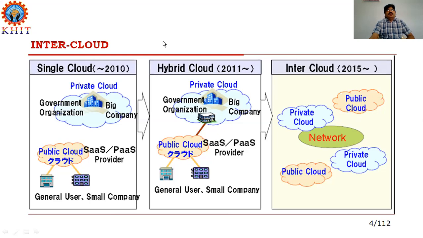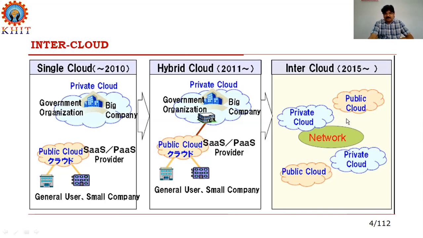That means we can share resources between two or more clouds with the help of networking, storage, or some other resource management. That is, resource management can have interaction between two or more clouds, which is an intercloud. Let us see the diagram here.